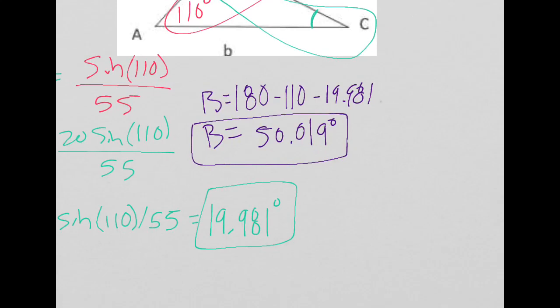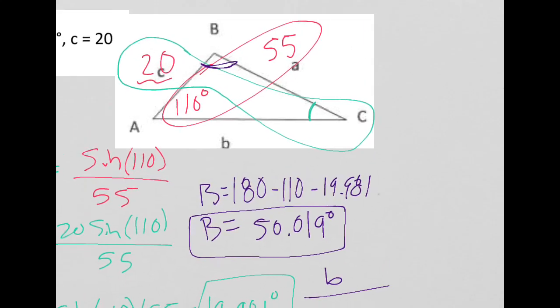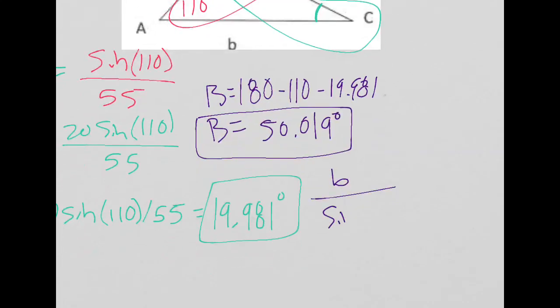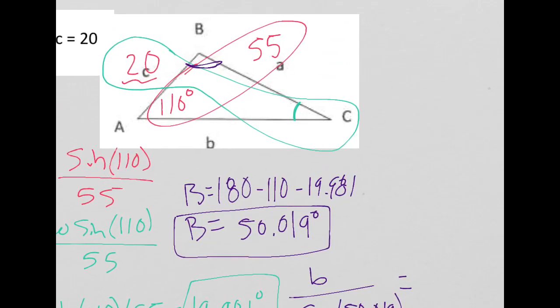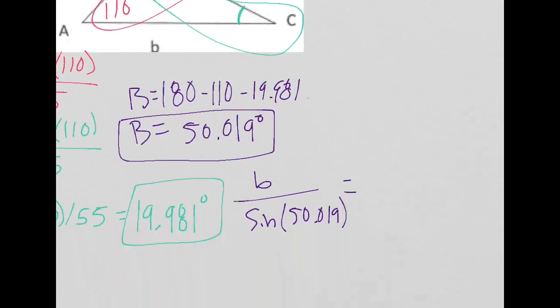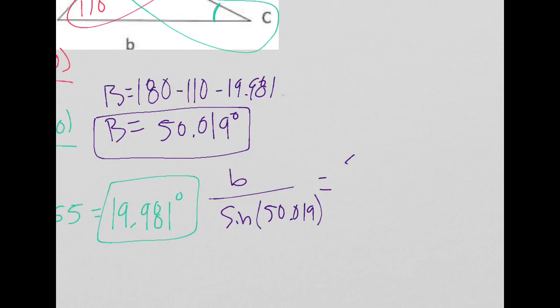So we know that B divided by the sine of 50.019 will equal, what's a ratio we know? Well, we know the 110 and the 55. Let's go with that. Equals 55 divided by the sine of 110.